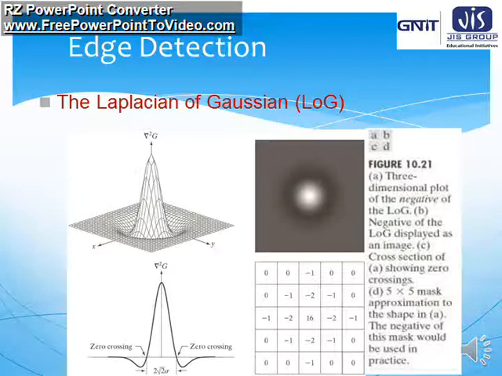So here the Laplacian of Gaussian, abbreviated as LoG, has also been given. Here you can see two zero crossings and the corresponding mask is also given. In the first image, a three-dimensional plot of the negative of this Laplacian of Gaussian is given.